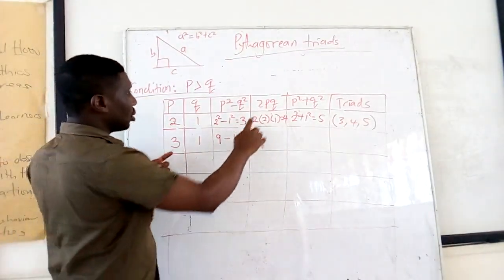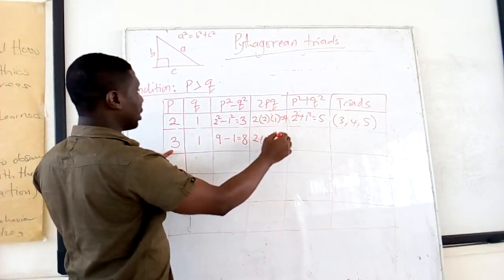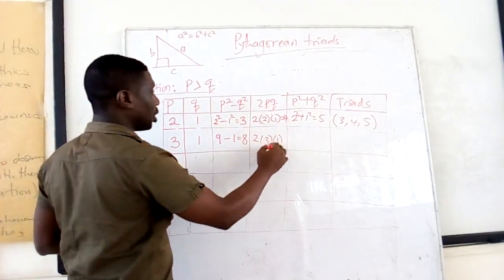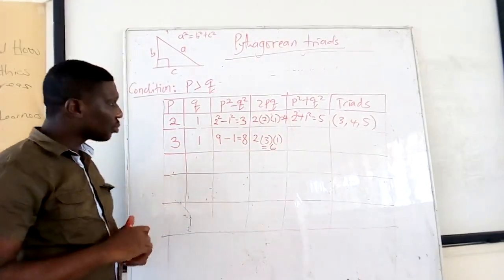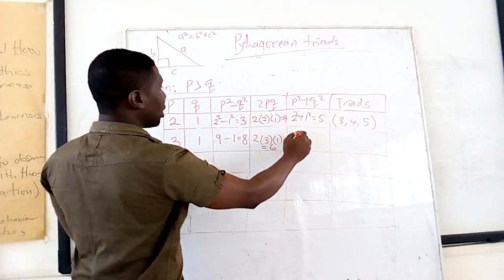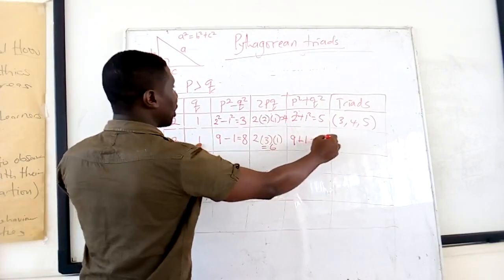Then 2 times 3 times 1 will give me 6. Then over here, 3 squared, 9, plus 1 squared, 1, will give us 10.